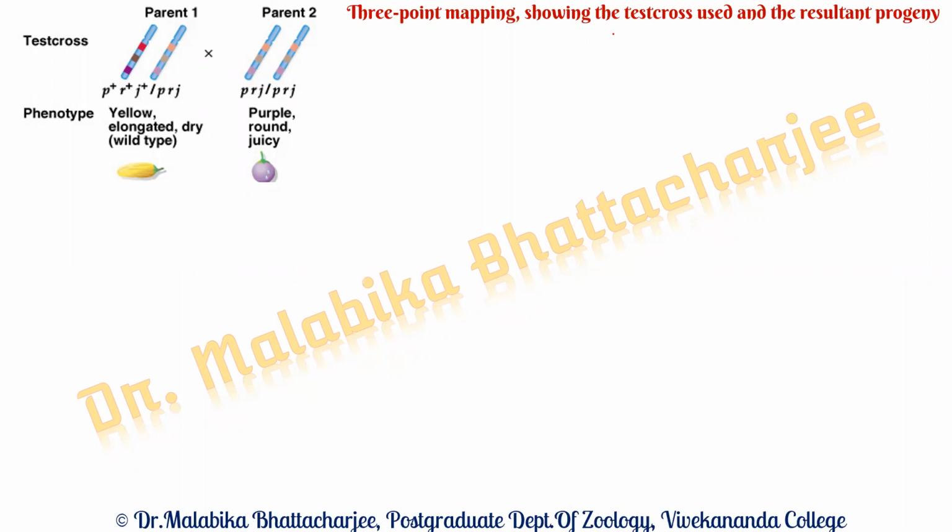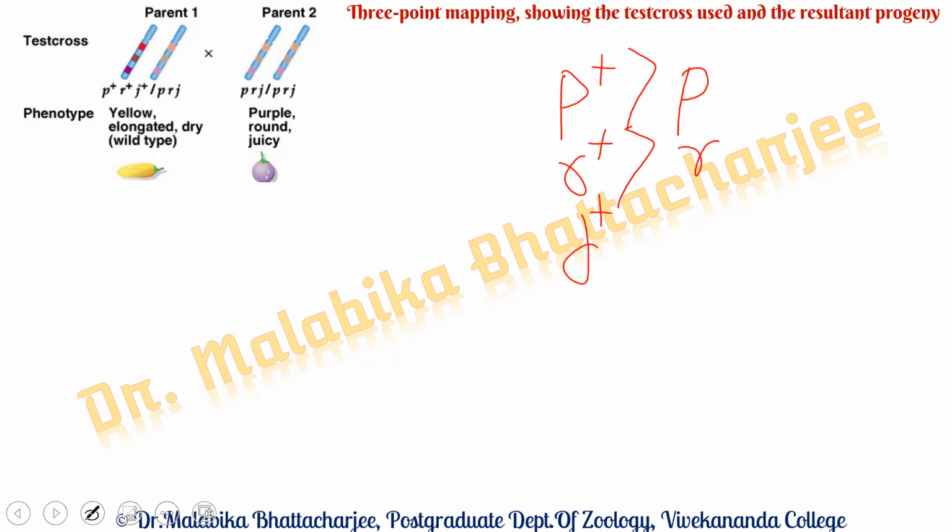In this particular case, as is evident, P plus is dominant to P, R plus is dominant to R, J plus is dominant to J.